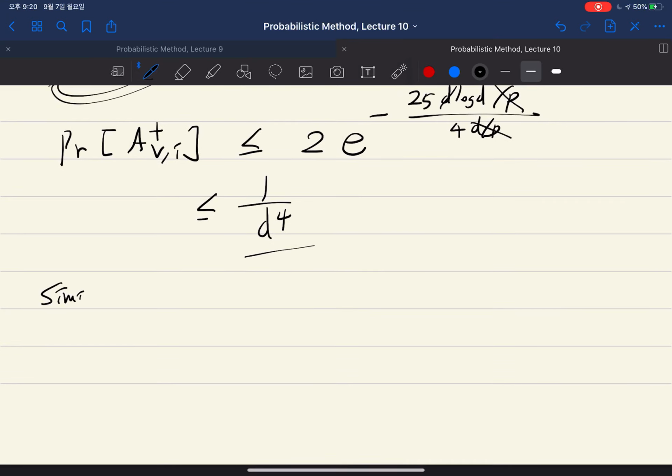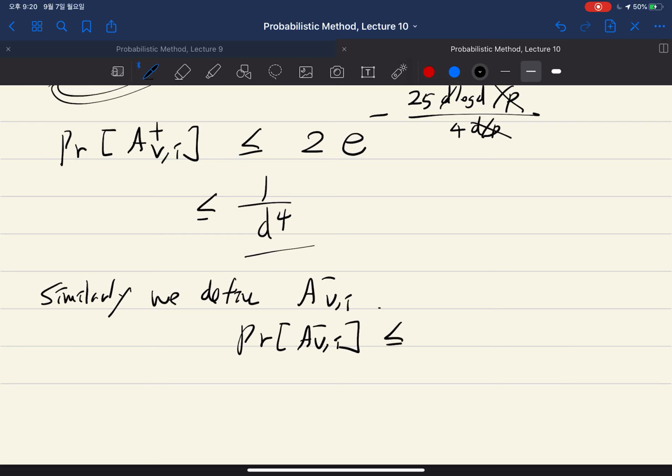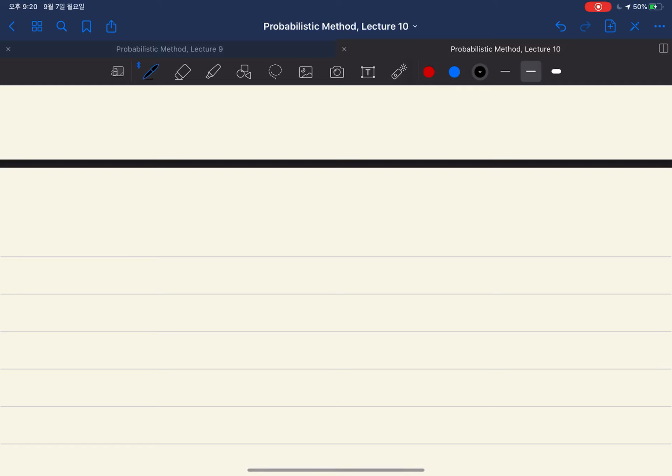Similarly, we define A minus v i, which also happens with probability smaller than 1 over d to the 4.